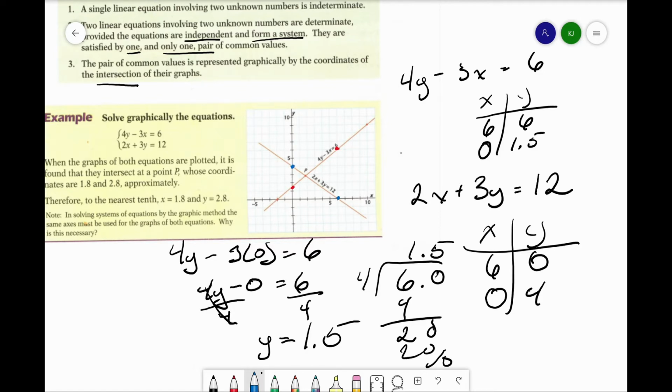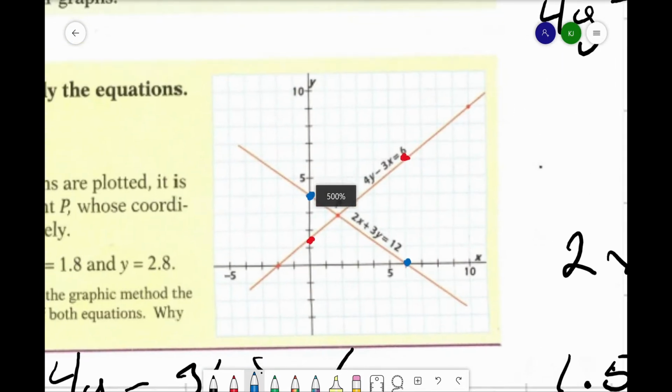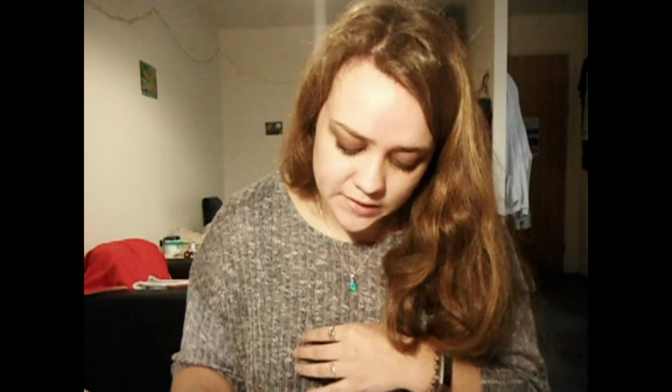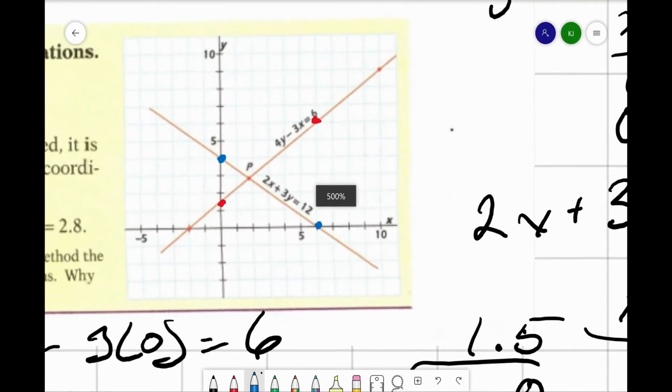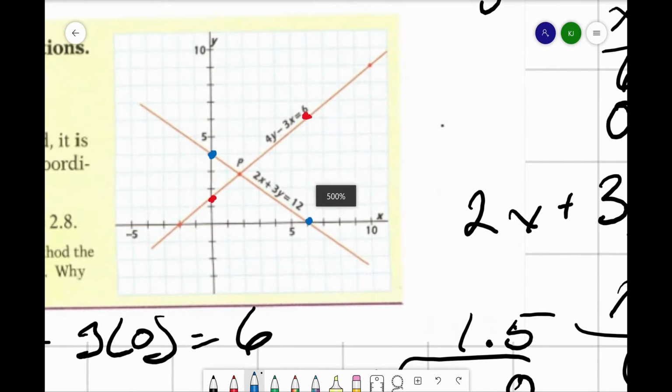We can already see the graphs because they've done it for us, and if we really look at this point, it's not fully on a whole number. So we can tell already that the point where these two lines join is going to be a decimal. And we can't really see what decimal it is, so for ones like this, you have to get as close as you can.